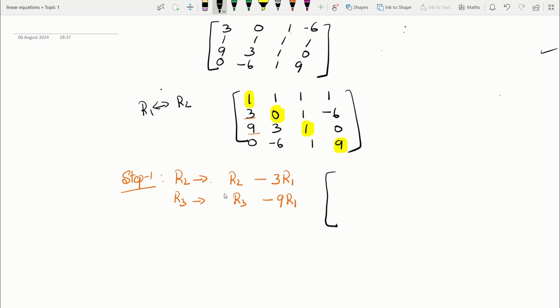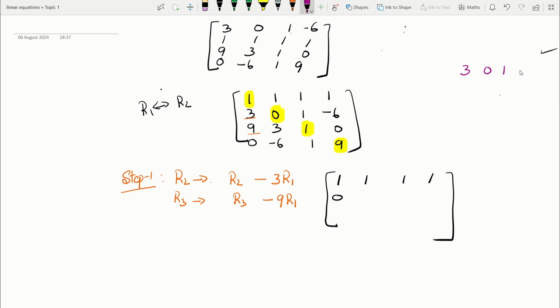For that, step 1. In step 1, I am expecting a change in R2. R2 implies R2 minus 3 R1, write down. The R2 element is 3, right? So write that as the coefficient of R1.